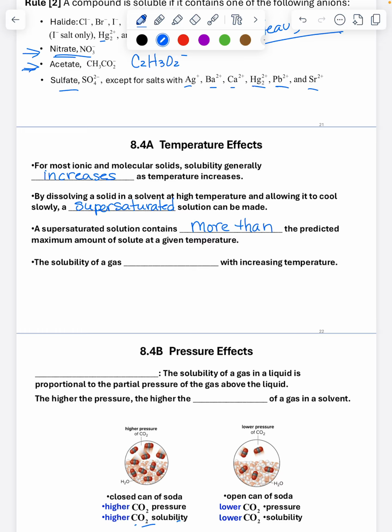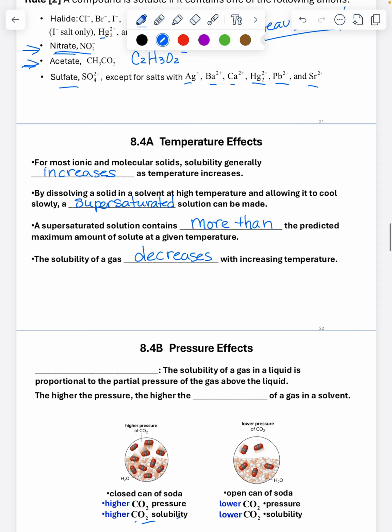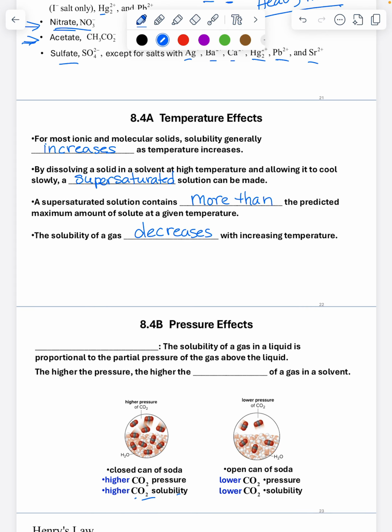However, for gases, the opposite is true. The solubility of a gas decreases with increasing temperature. You see this at play if you like to go fishing in the summertime. The hotter it gets outside, the deeper you have to fish. In the springtime, when the water's cool, the fish are going to be up near the bank.